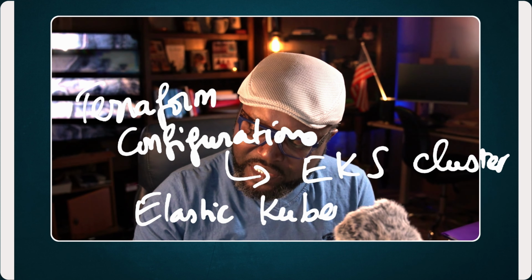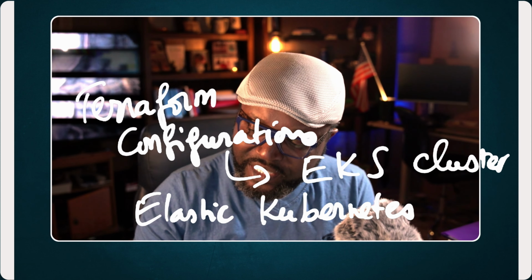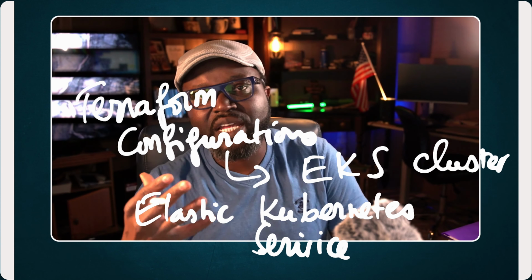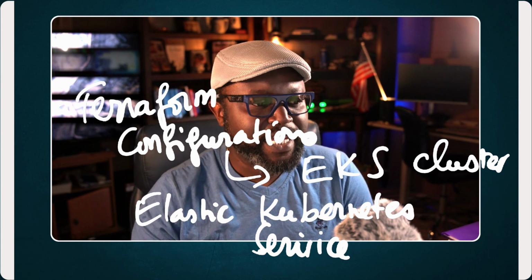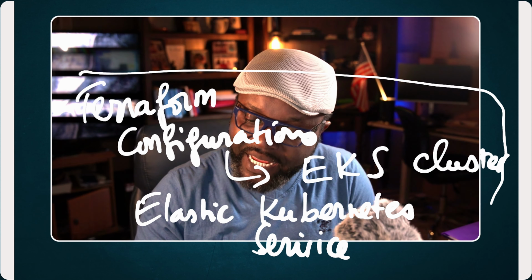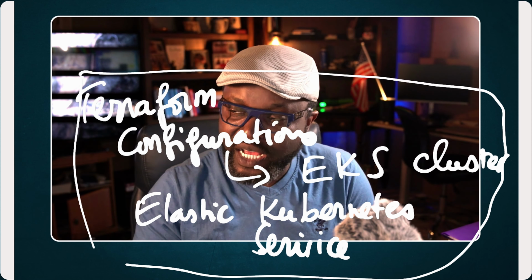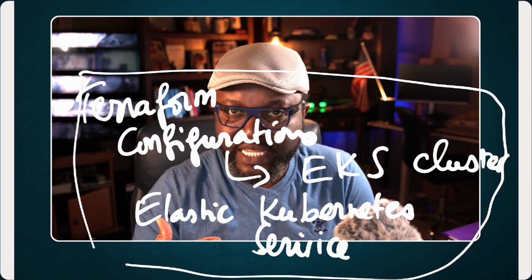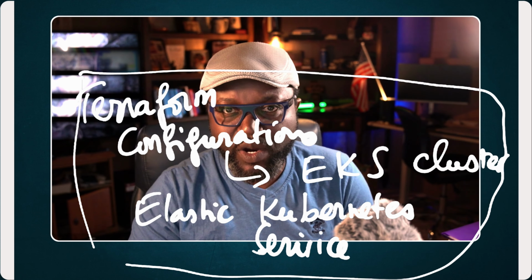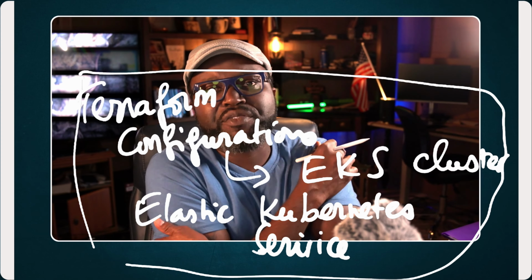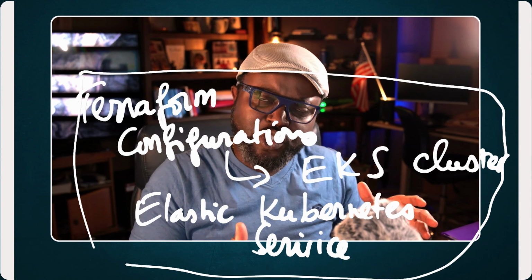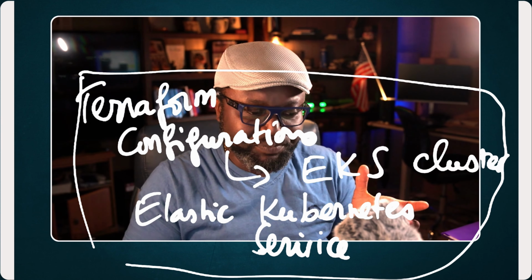Elastic Kubernetes Service, sorry, is a native tool that AWS provides. So we're going to use that to spin up an EKS cluster on AWS. I think I have another video showing you how you can do it.